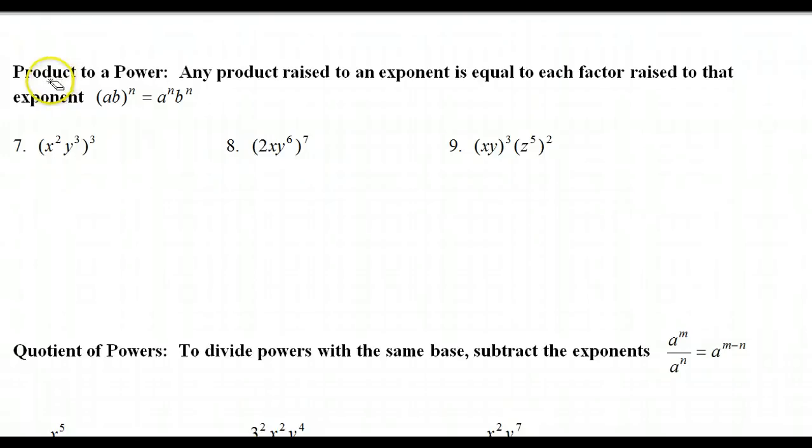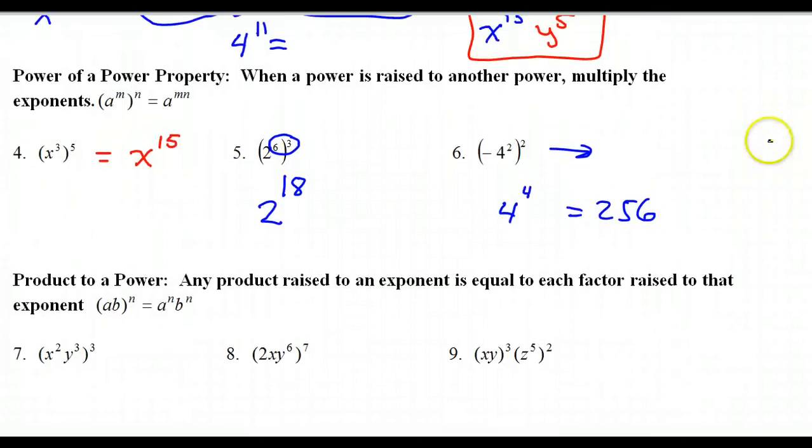property. Product to a power. Okay? In a situation like this, if I have more than one thing inside the parentheses being raised to the power, this is really not a different property than what we had before.